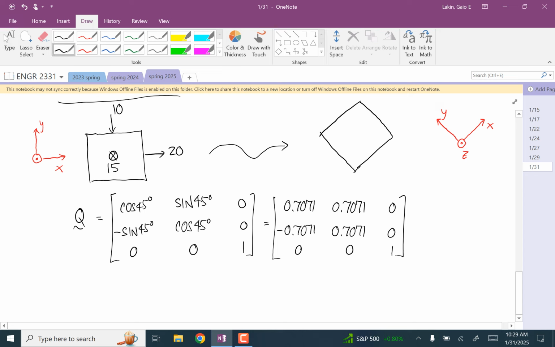And now we're going to go Q times our original matrix, which is 20, 0, 0; 0, negative 10, 0; 0, 0, negative 15, times Q transpose.